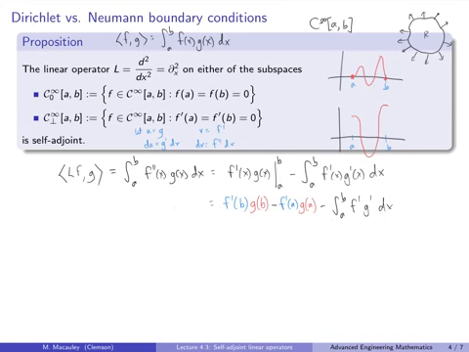Okay, let's compare that to f dot Lg, which is the integral from a to b of f of x times g double prime of x.